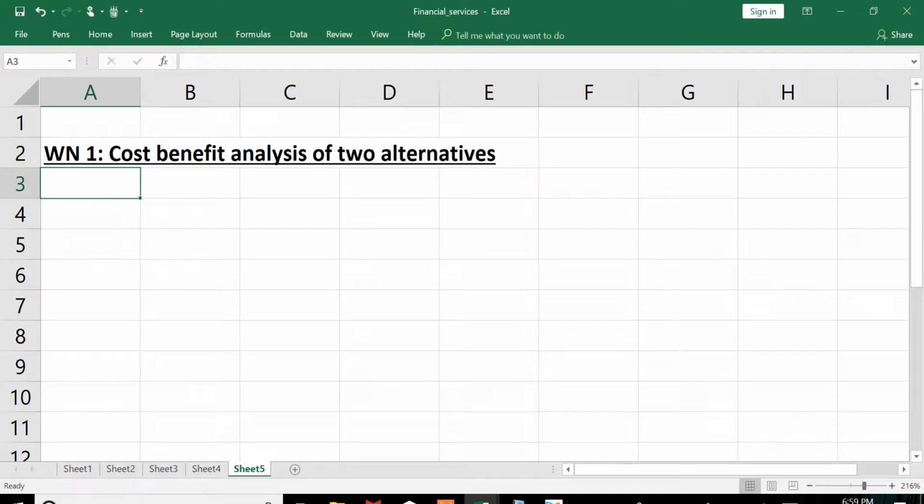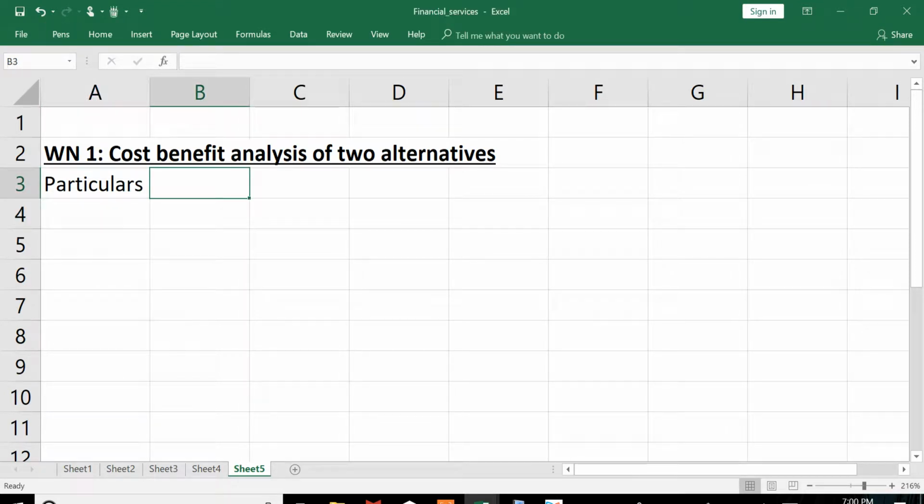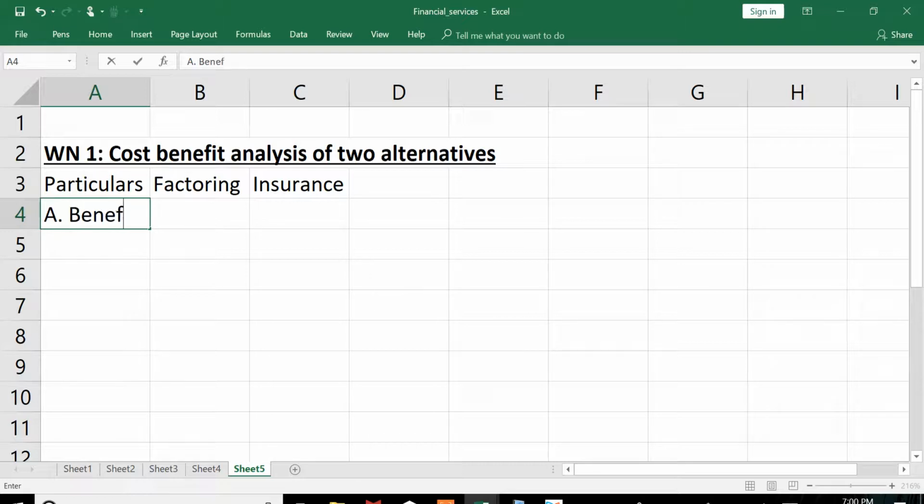Particulars: factoring and insurance. Capital A, benefits.